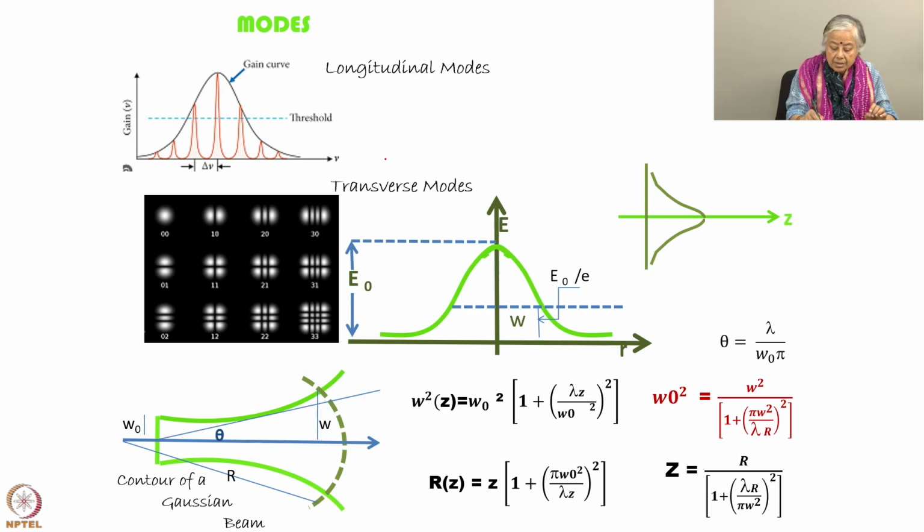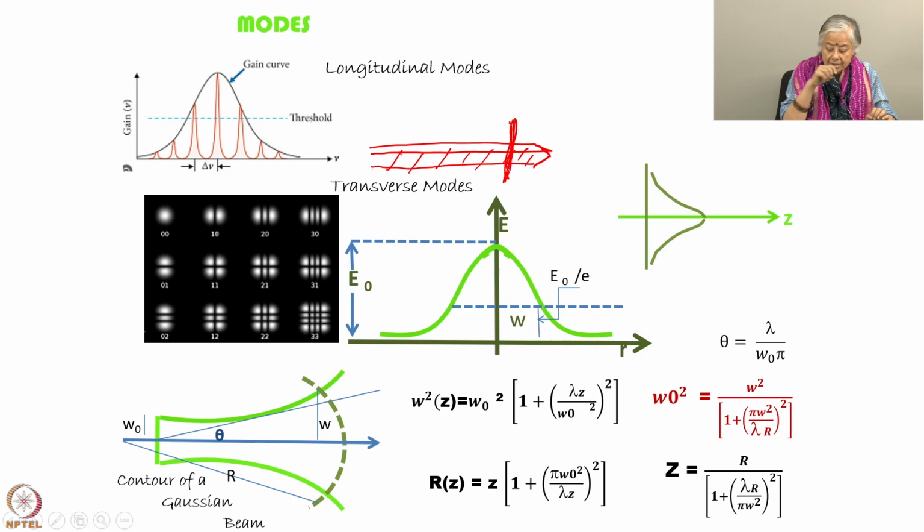This is the axis. The laser beam is travelling along this. Now, this is the beam. Now, if I see across this, that means perpendicular to this axis, I will see these kind of spots.